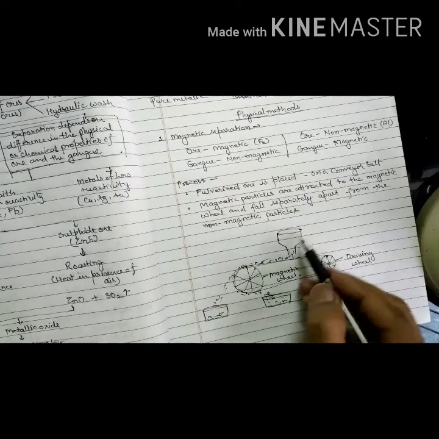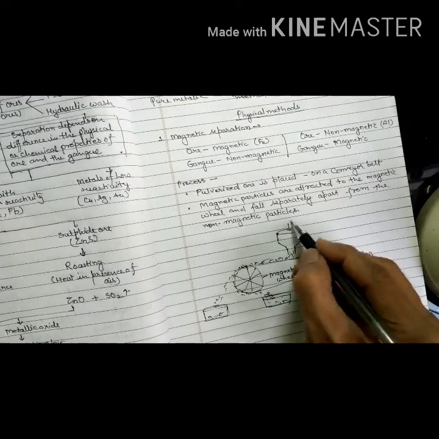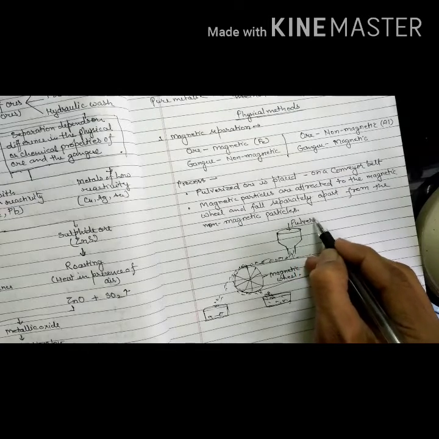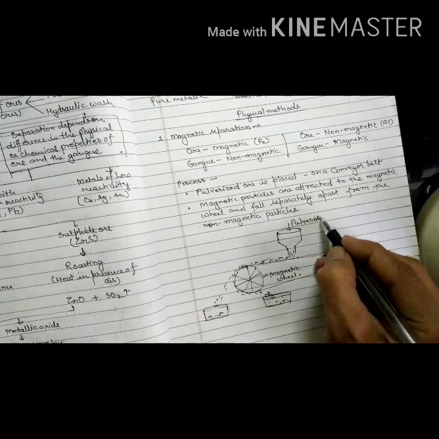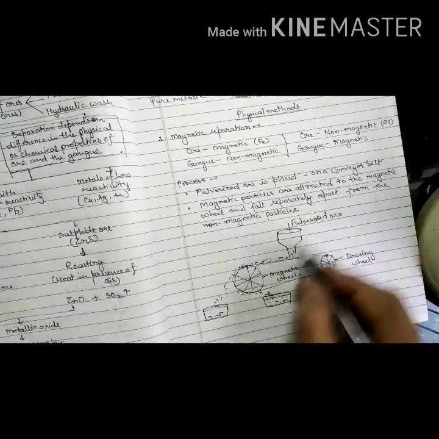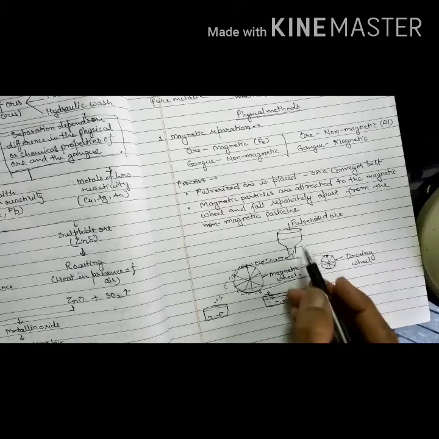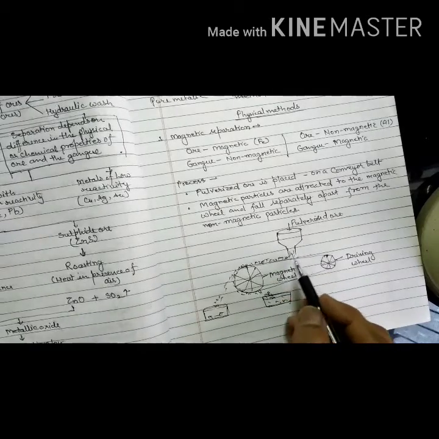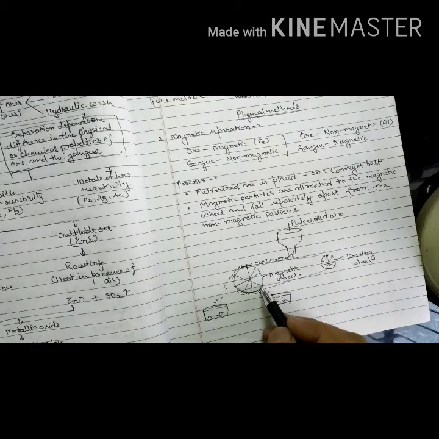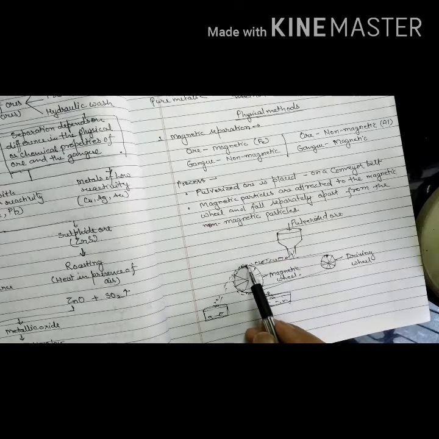Now we can see that pulverized ore when placed on the conveyor belt, suppose metal part is magnetic and it will be attracted by magnetic wheel, which is made up of electromagnet. So what will happen, the particles of metal will be attracted by the wheel and they will still stick while it comes below the wheel.